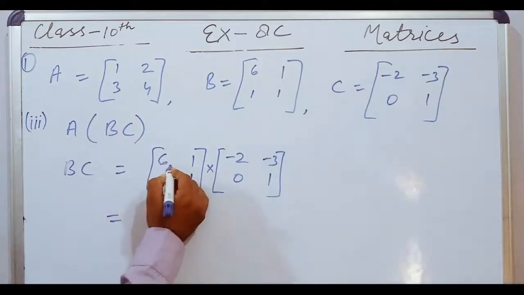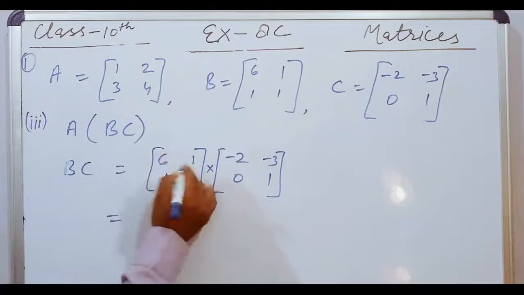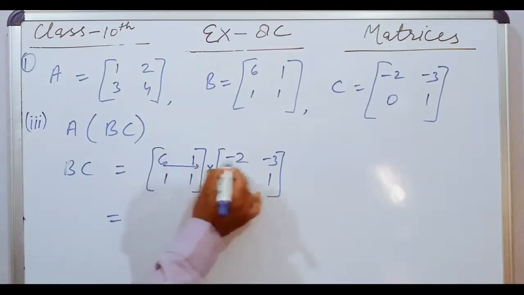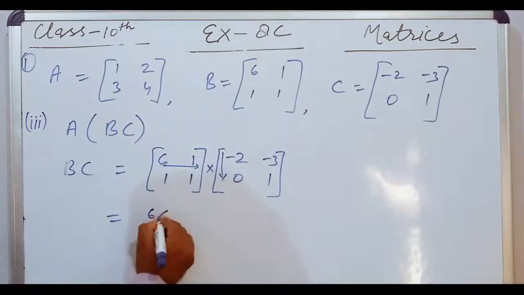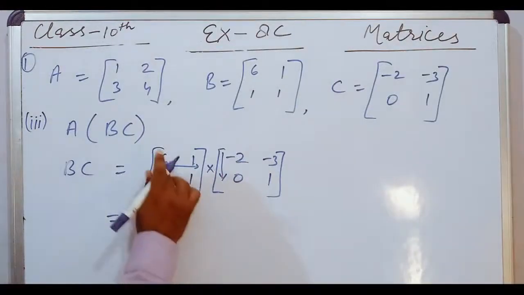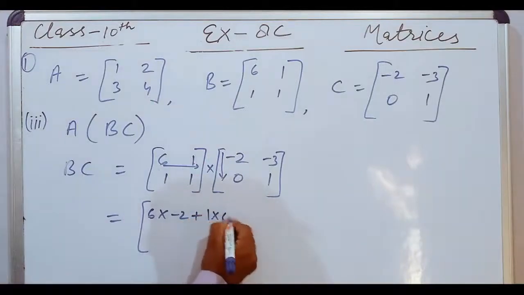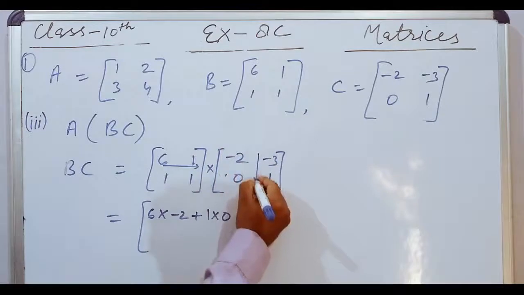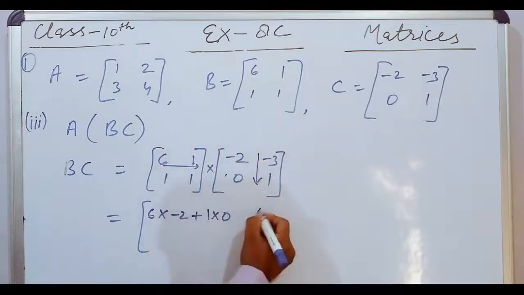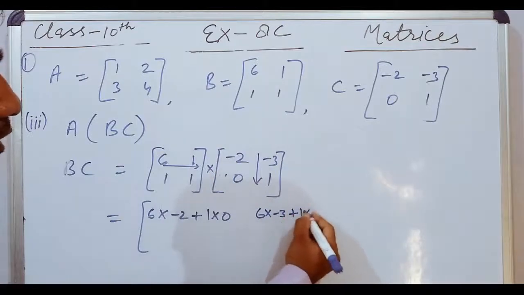Now we will multiply: 6 into minus 2 plus 1 into 0. Then 6 into minus 3 plus 1 into 1.